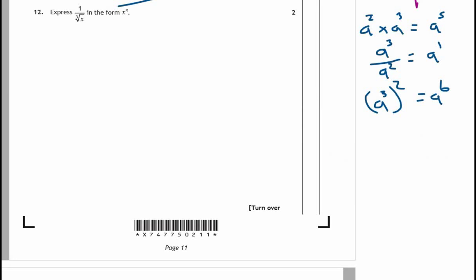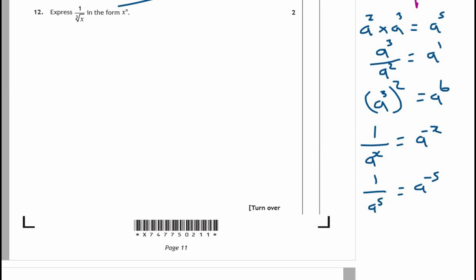The trickier rules, which we're using here, are when we get into the fractions. So 1 over a to the x is the same as a to the minus x. So 1 over a to the 5 is equal to a to the minus 5. That's something that people aren't amazing with.